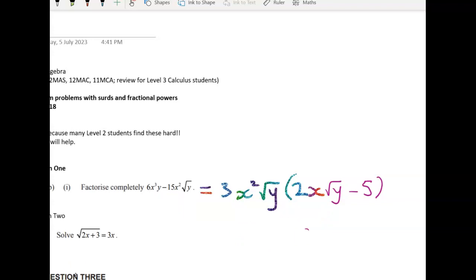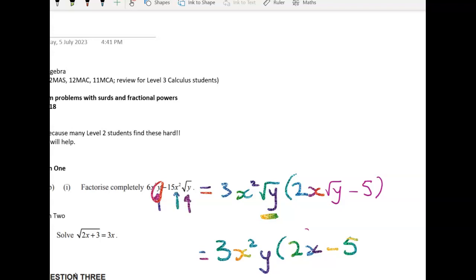Now, the other way that you could do this, which is slightly odd, but it kind of still works, is that instead of putting root y here, we could instead have gone equals 3x squared, and then I could have decided to make the whole y my common factor, and that would give me inside here 2x minus 5, and then I'd have x squared matching up here, but I'd have too much y here, so I need to divide out by that.